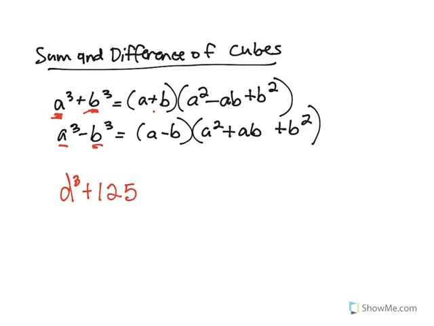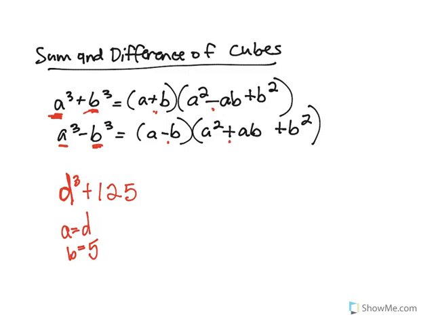The difference between these two signs right here and these two signs is the difference between the sum and the difference. Okay, so if we look at this first example, is d cubed a perfect cube? Yes. I'm going to write A is d. I'm going to figure out what I can cube to get that. And for B, what do I cube to get 125? 5.